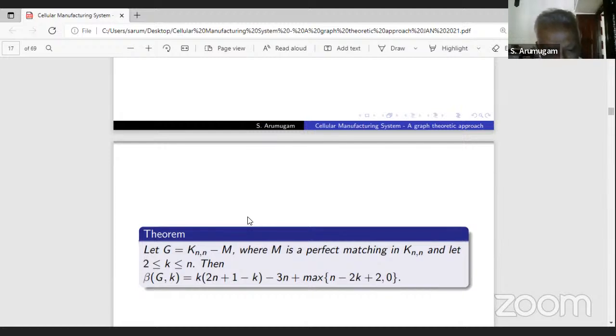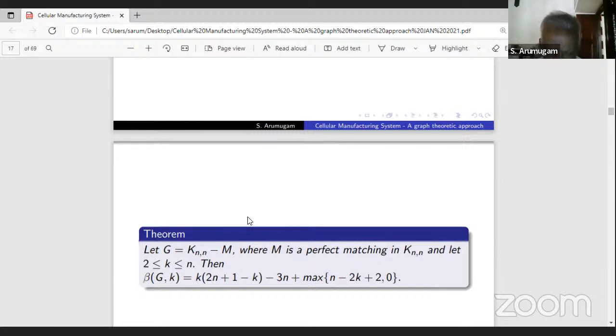So what is the problem now? Given a bipartite graph, two integers K and L are given.